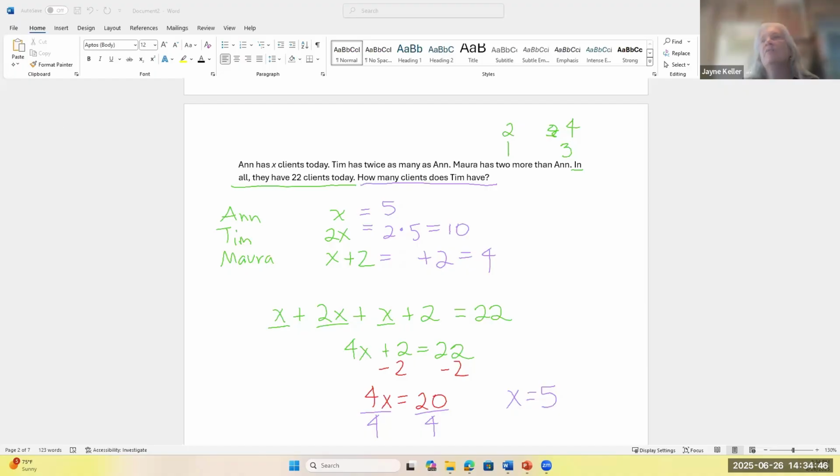So Mara has 5 plus 2, which is 7. Okay, let's make sure that adds up to 22. So 5 plus 10 is 15, plus 7 is 22. Okay, that checks out. And the question was, how many does Tim have? And the answer is 10 clients.